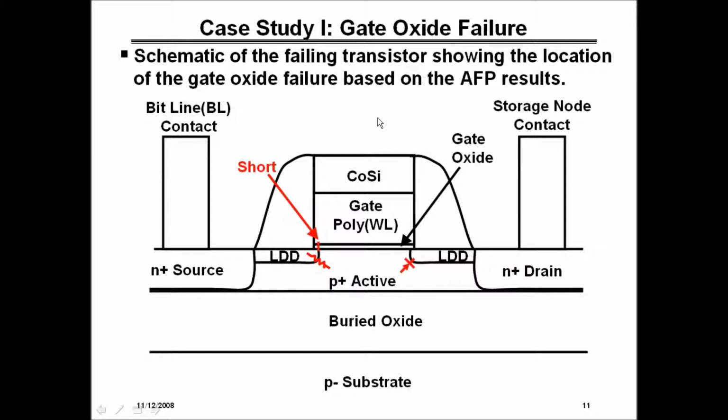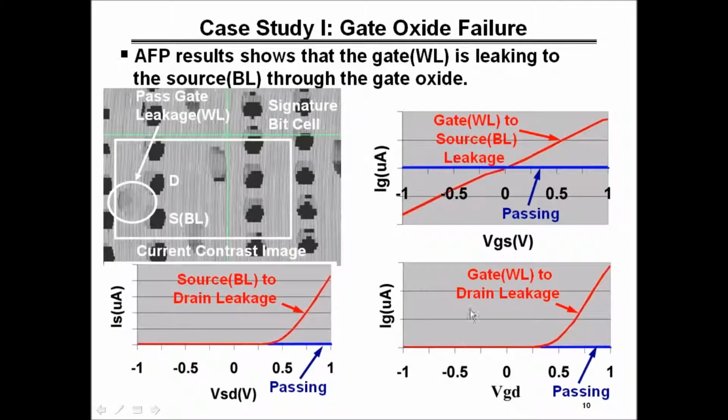With AFP analysis, the nice thing about it is that you can tell exactly where your gate oxide failure is. We looked at some single bits where this gate oxide failure was actually on the drain side, and the curves that you get would be exactly opposite what you see here. It would be gate to drain that you'd have the resistive leakage, and then you get the diode leakages then.